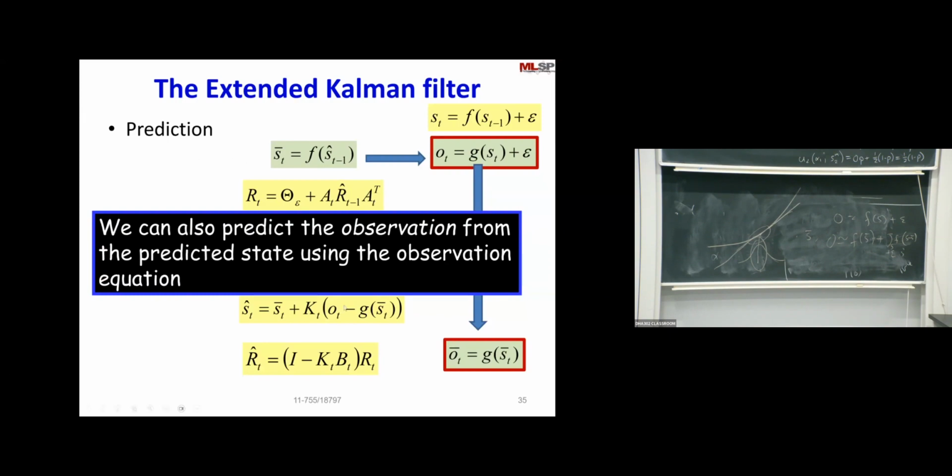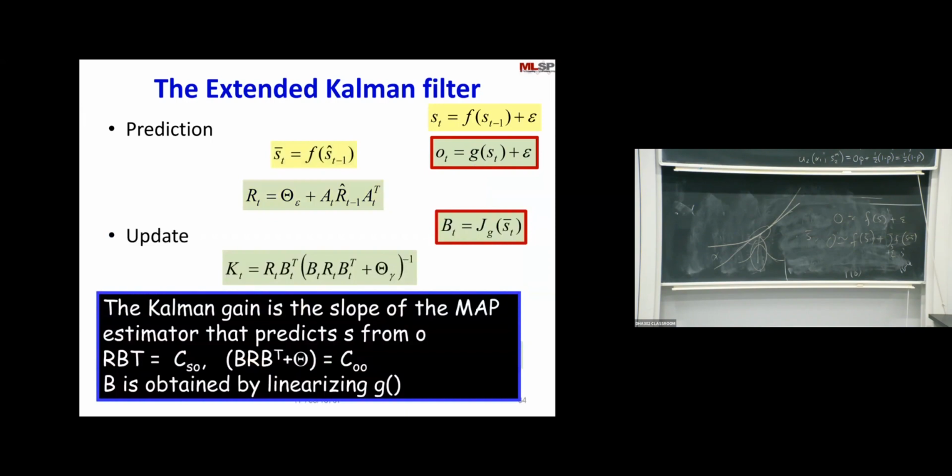And then the true observation is going to be O_T minus the predicted observation, right? And now I'm actually going to need the Kalman gain. And for computing the Kalman gain, I'm going to have to linearize. This is the only place where I'm actually going to have to linearize. And when I linearize, then again, that term B is the only term that comes in.